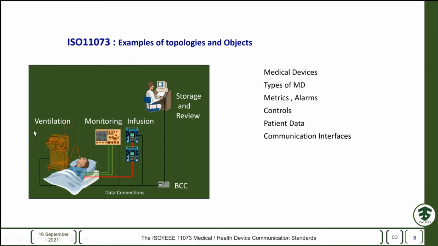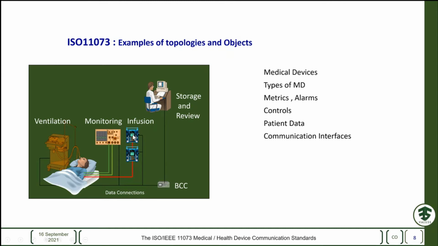So this is a typical setting, this would be an intensive care unit, for example, or the operating room. You can imagine that the patient, on one side, has a ventilator, but the ventilator is also delivering some drug into the patient through the air.